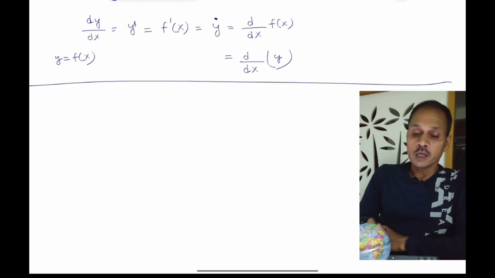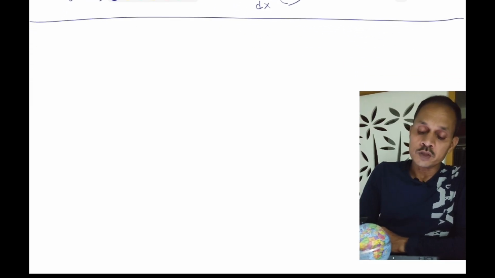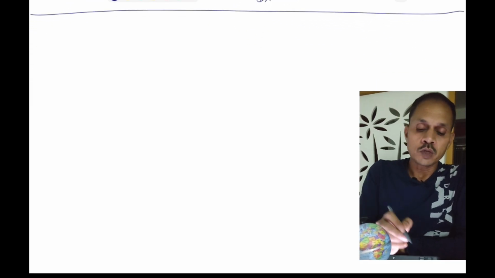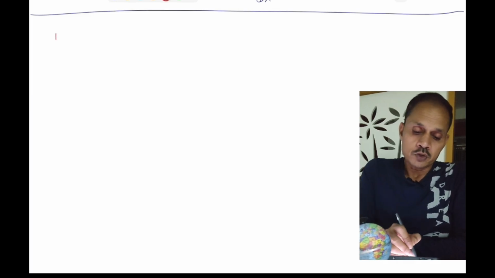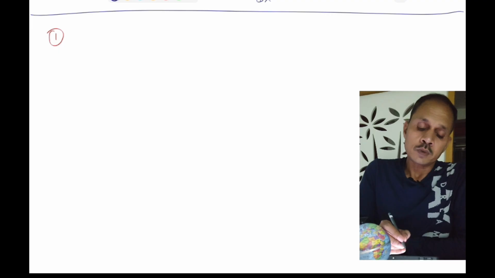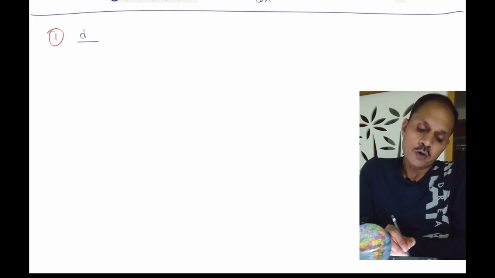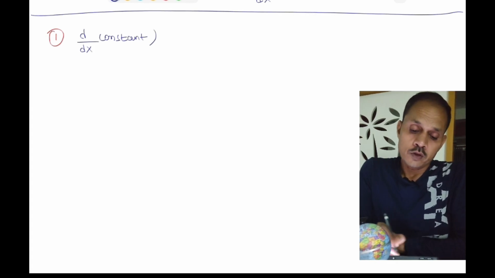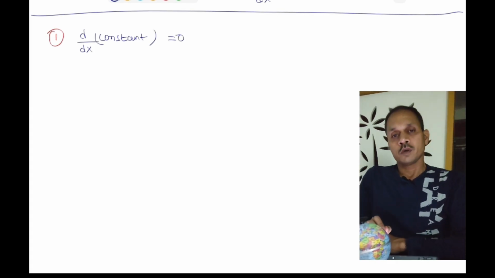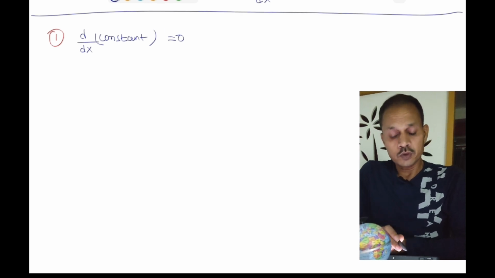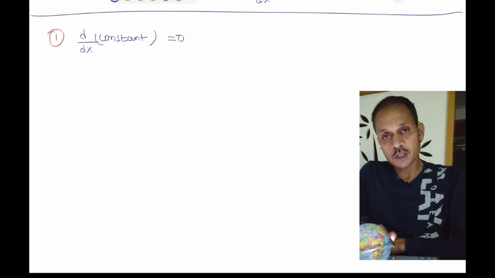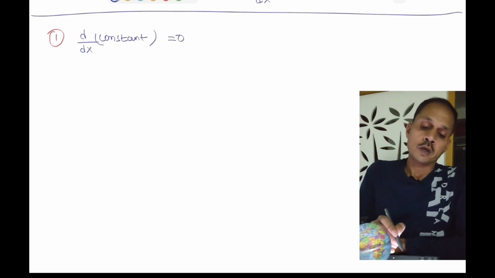Okay, now let us see some important equations to remember to do differentiation. The first equation to remember: d by dx of a constant is 0. Because it is a constant, it will never change. So differentiation of a constant is always 0.